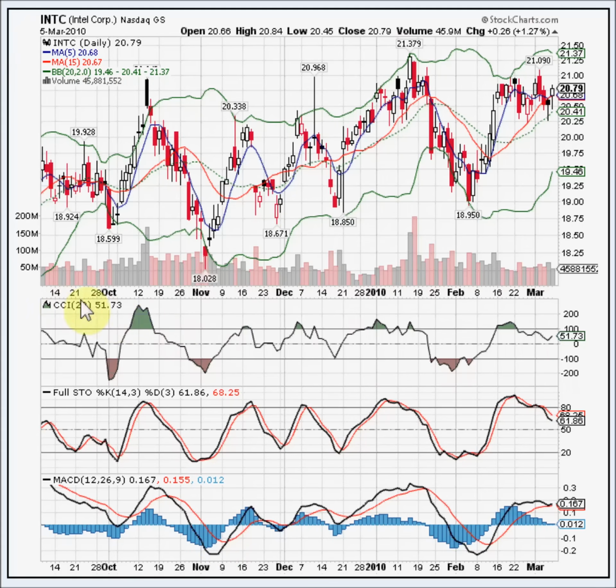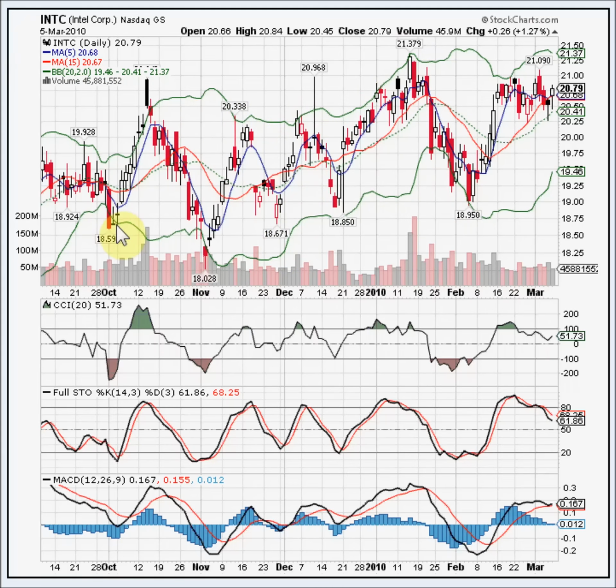Okay, so this is a 6-month chart, and as you can see, Intel is what I call a channeling stock. It ranges from the mid $18.50s up to the mid $20.50 range, a little bit higher here.